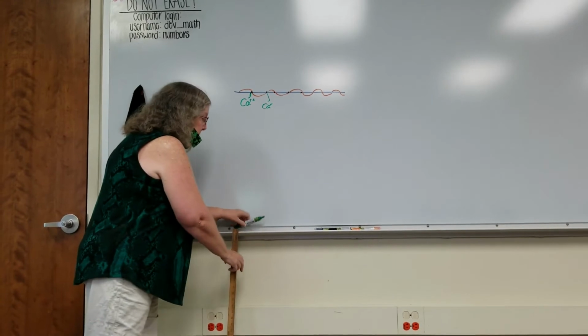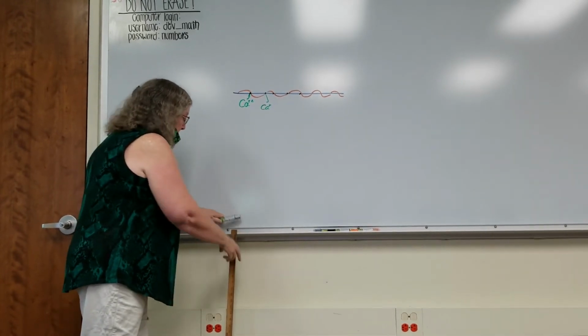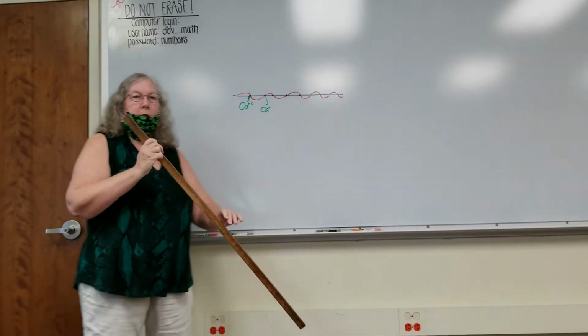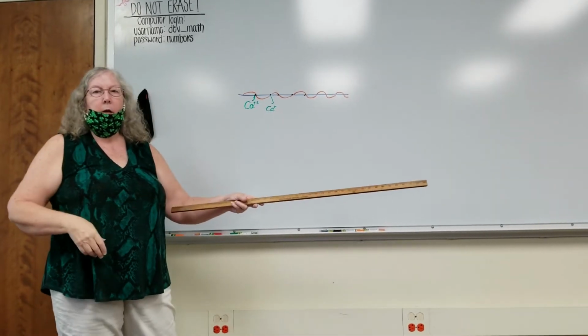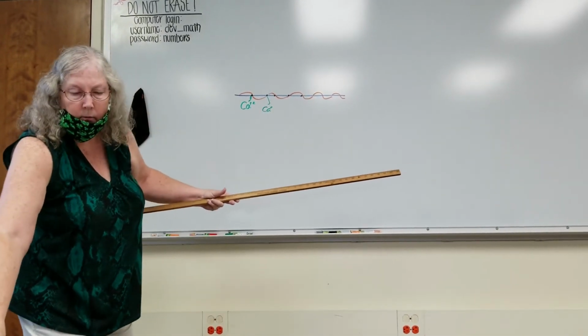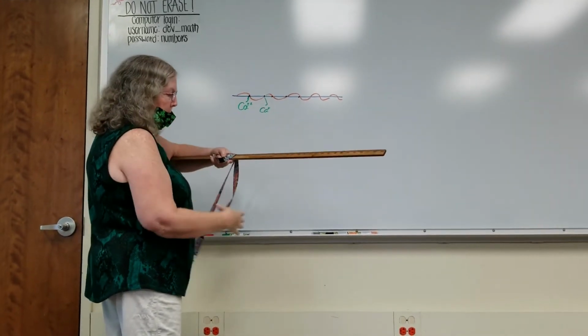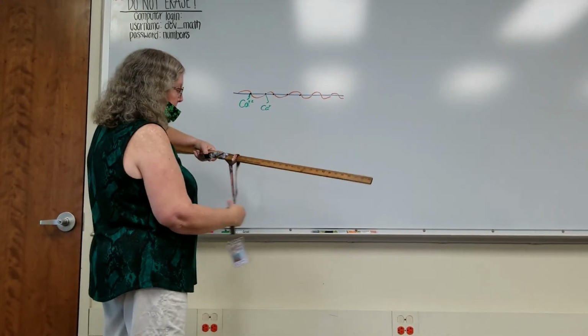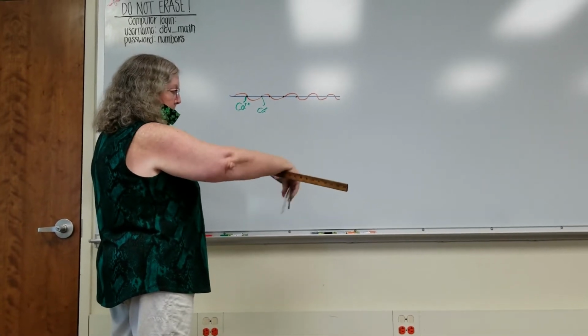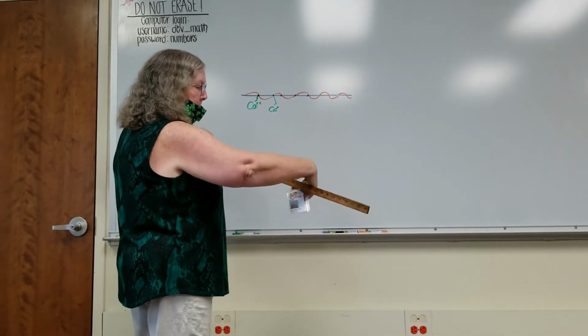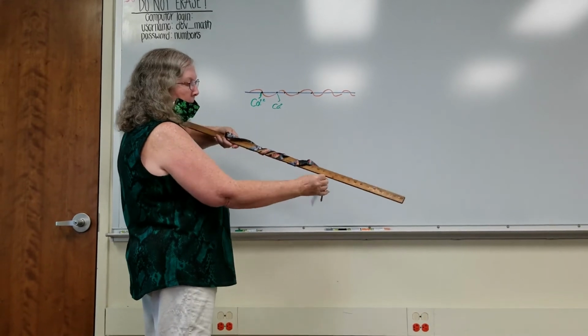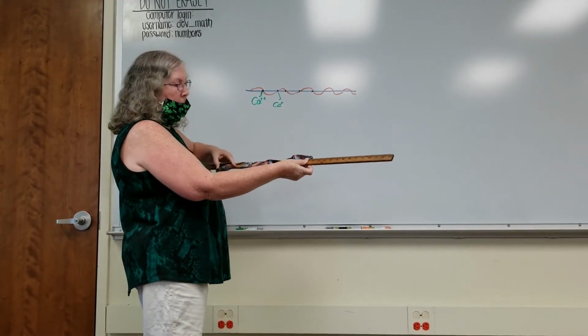So it's as though if this meter stick were to be your actin, the thin filament, and with my lanyard, you try this. That is the tropomyosin. And so it's wrapped around it.